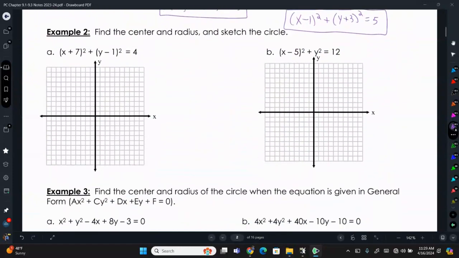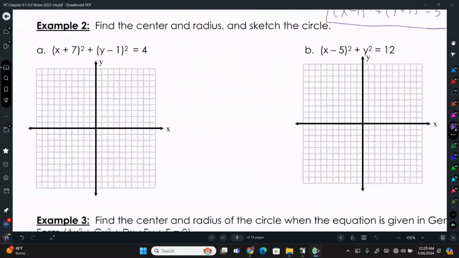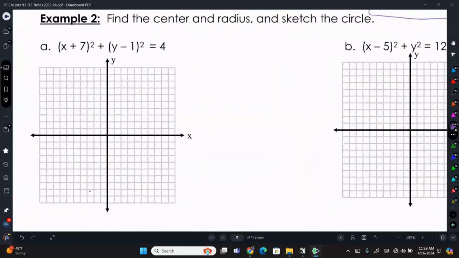Example number 2, find the center and radius and sketch the circle. Well, let's see. The center is going to be at negative 7, comma, positive 1. So 1, 2, 3, 4, 5, 6, 7, comma, 1. So right there.